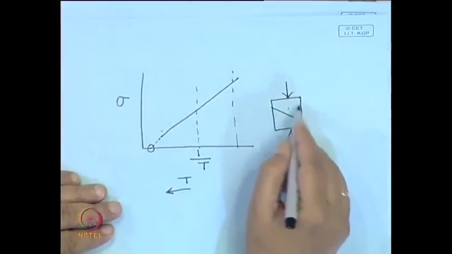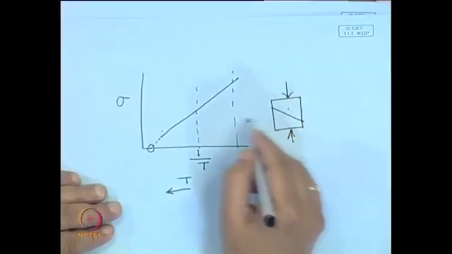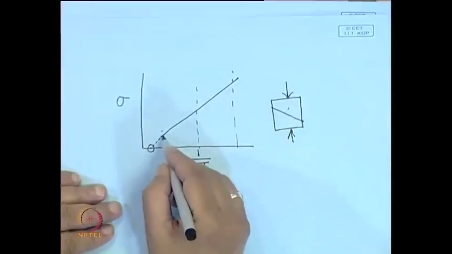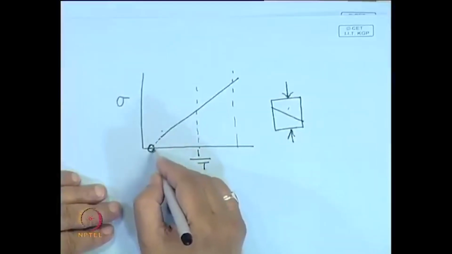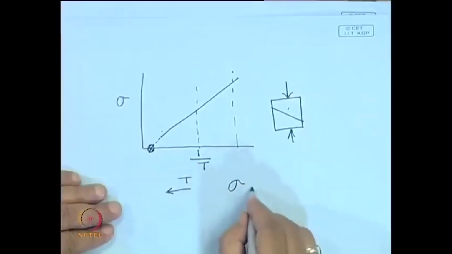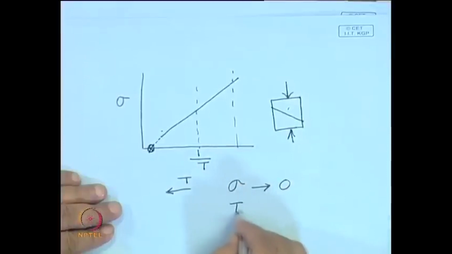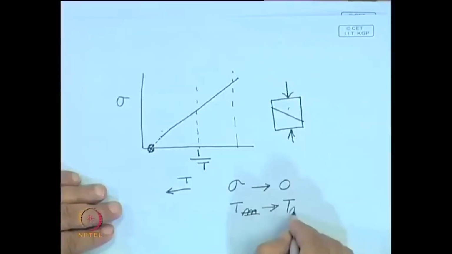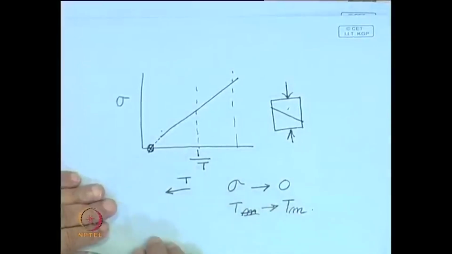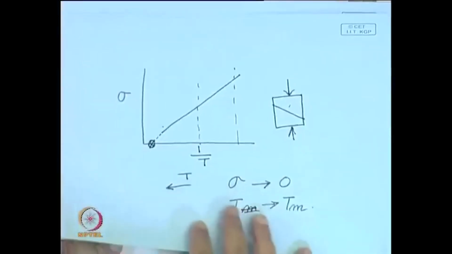Now, metal has shear strength, but liquid does not have. When it approaches the melting point, the material actually loses its shear strength. So, if it is extended, you will see that when it approaches the melting point, the strength of the material approaches 0, or the shear strength approaches 0, where the temperature T approaches the melting point. And in fact, most of the metal working temperatures are decided based on the melting point or melting range of the alloy.